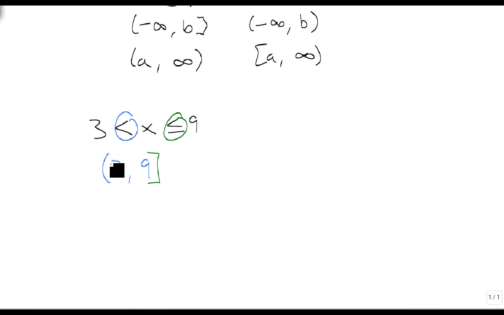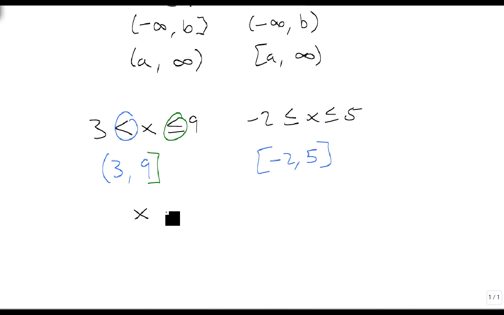So we get parenthesis 3 comma 9 square bracket. Likewise, we could do -2 is less than or equal to x is less than or equal to 5. Notice the -2 is smaller than the 5 and the x is in between. So again, our numbers are -2 to 5, and in this case, they're both square brackets because they're both or equals.